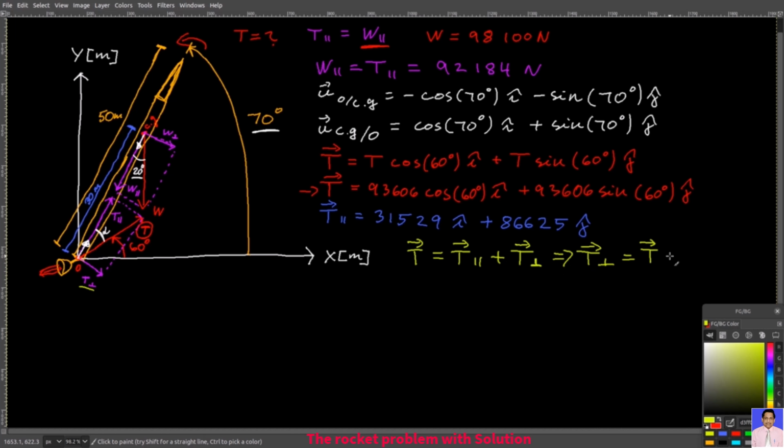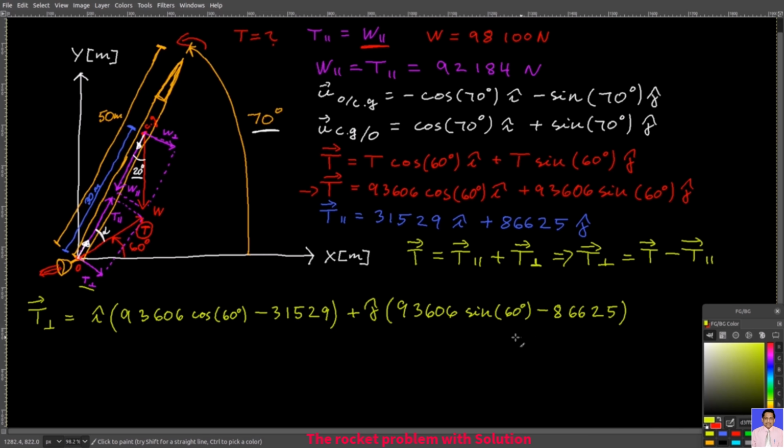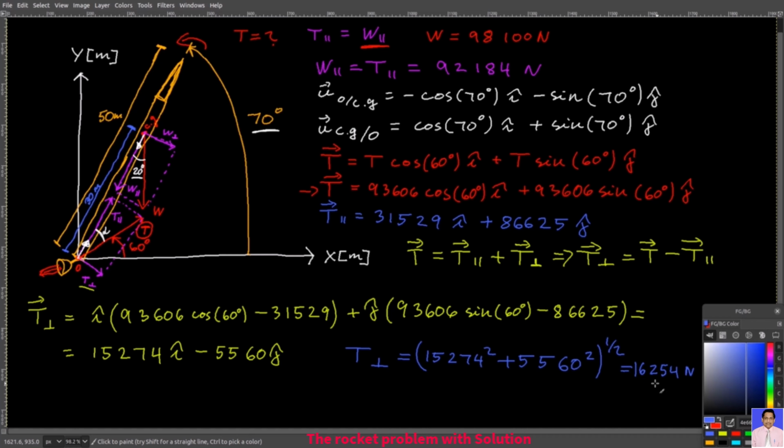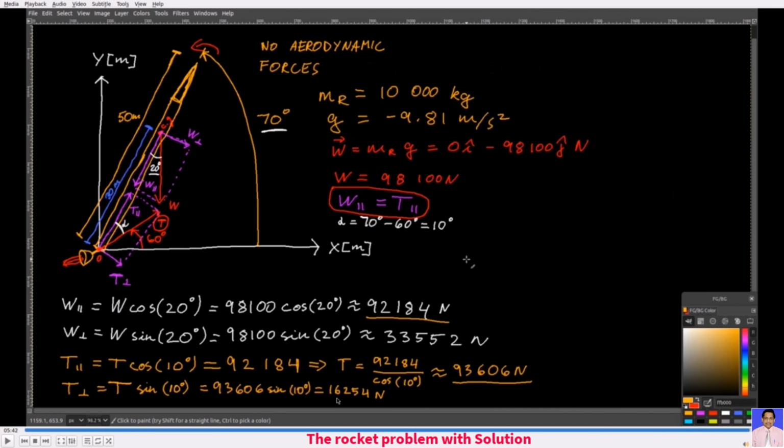It equals T vector minus T parallel vector. That will give you this result for the I component and this result for the J component, and that's your final answer. And now if you take its magnitude, then you get 16254 newtons. And that's exactly what you got here in your previous calculations, 16254 newtons.